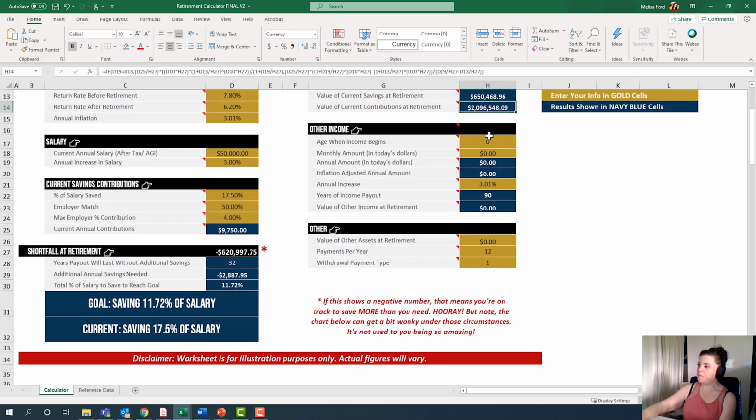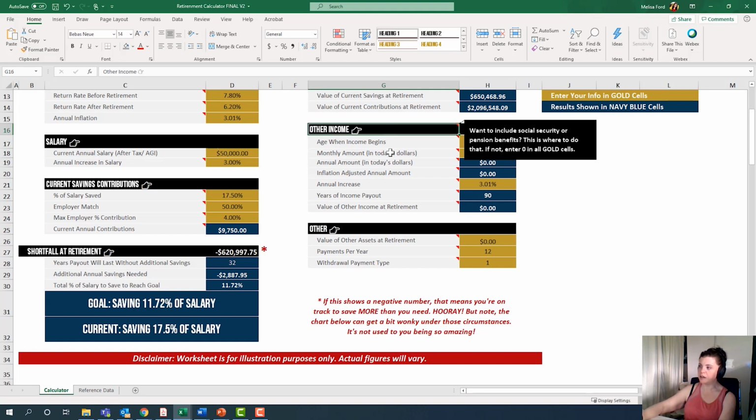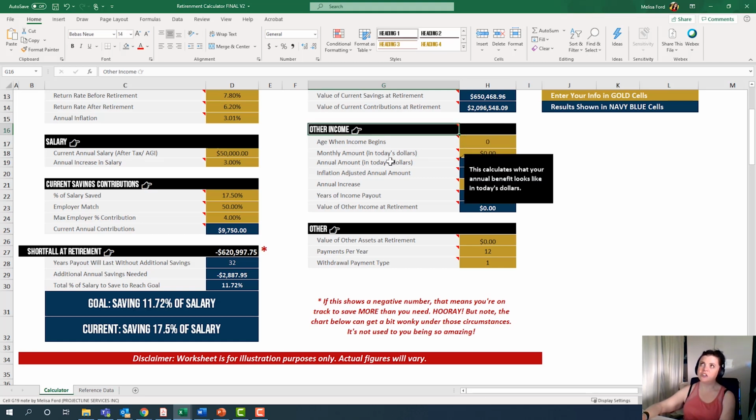These next two sections can be a little bit confusing, so I'm going to go into a bit deeper detail. Other income you can look at as possibly Social Security, what you expect to get from it, although I tend not to include that in my retirement planning, because people a lot smarter than me have argued very much about whether Social Security is going to be around when I retire.